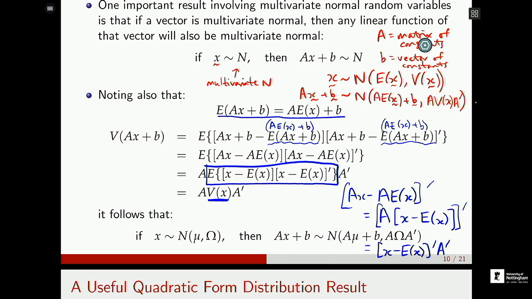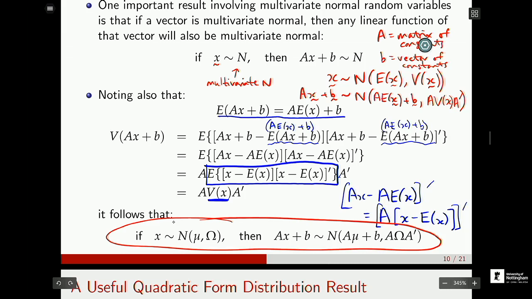If you write it in the notation that we've been using, if we say that X is multivariate normal with mean vector mu and variance covariance matrix omega, then AX plus B will be multivariate normal with mean A mu plus B, just substituting in for E[X] equal mu, and variance covariance A omega A transpose, substituting in for the variance of X being omega. Okay? So the rule at the bottom is the one to remember and that we'll use again.